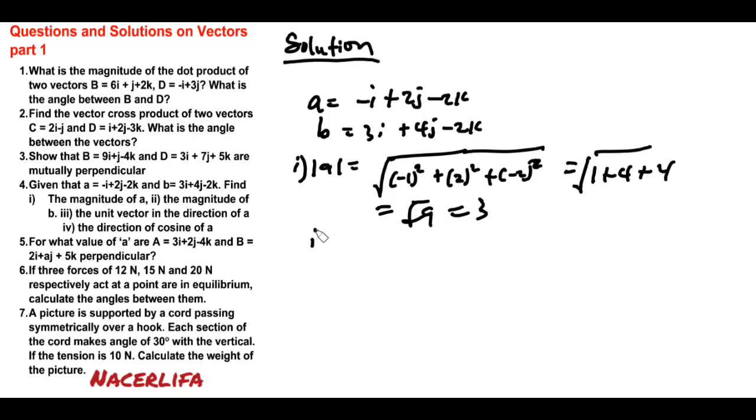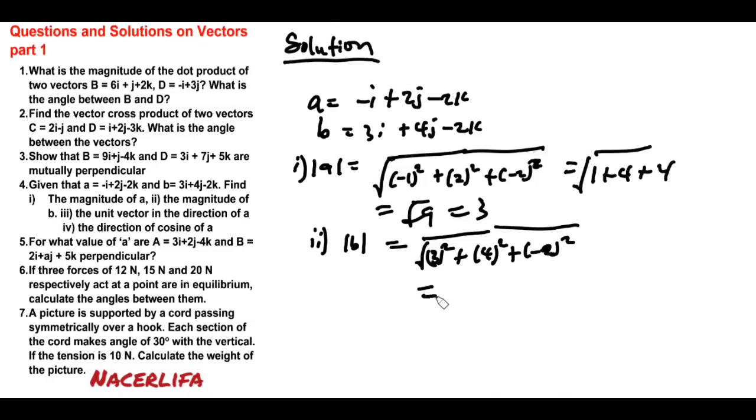To find the magnitude of b, similarly it will be the square root of 3 squared plus 4 squared plus minus 2 squared. 3 squared is 9, plus 4 squared is 16, plus 4.